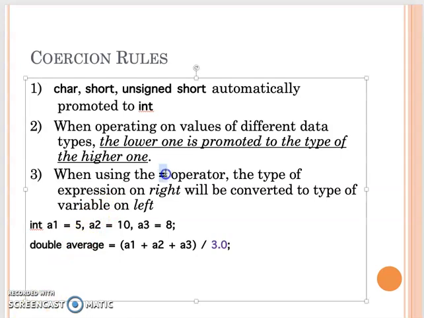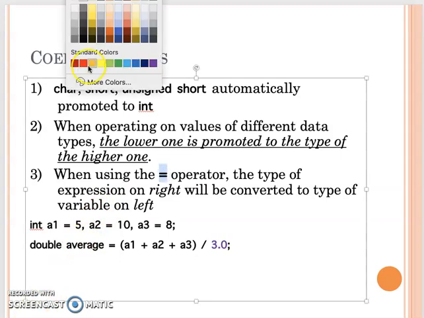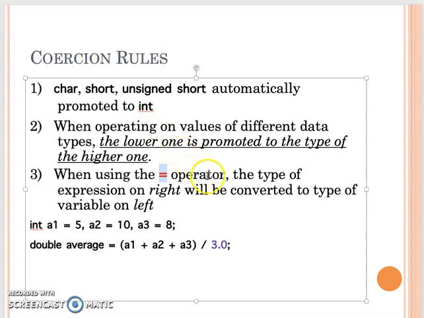If you use the equal sign operator, remember in C++ we always assign the right value to the left value. So the type of the expression on the right will be converted to the type of the left. For example, here we have 3 integers, A1 plus A2 plus A3, and they need to be assigned to a double.